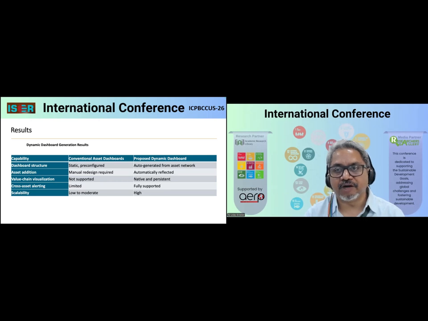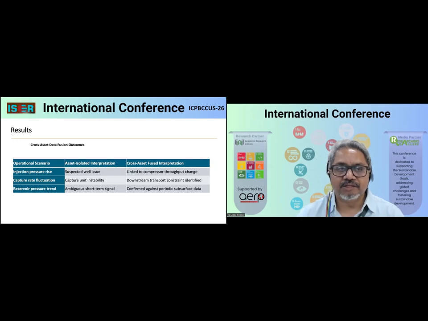Asset addition, if you add any compressors, any pipelines, any capture systems, all of them automatically get reflected in the dashboards. And then the dashboard structure itself is dynamic, right? So the ability to visualize anything based on the scale is available by default.